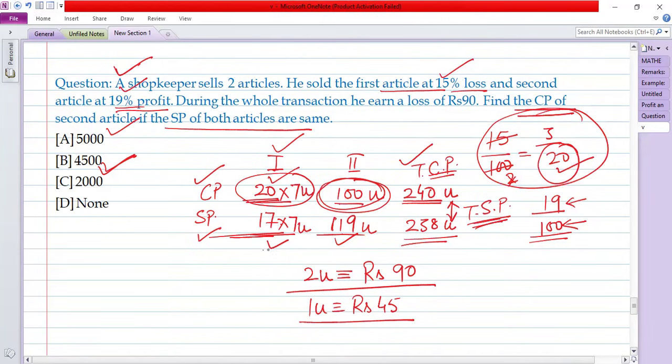Even in the first example of this type, I had mentioned they are in units. So obviously here 1 unit is rupees 45. So 100 unit, which is the cost price of second article, will be 100 into 45.